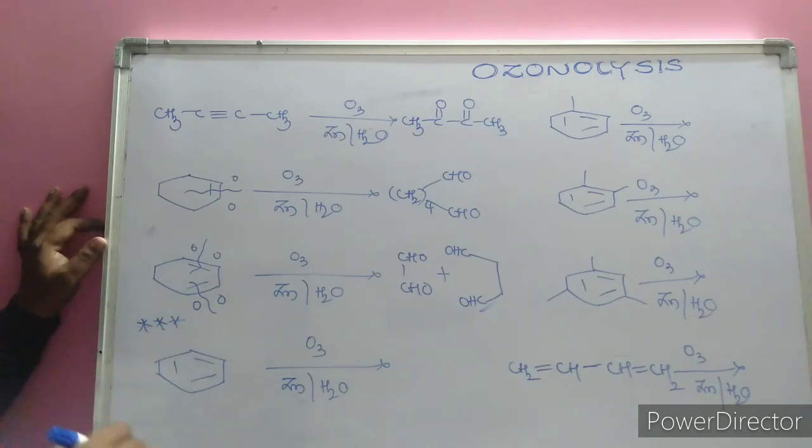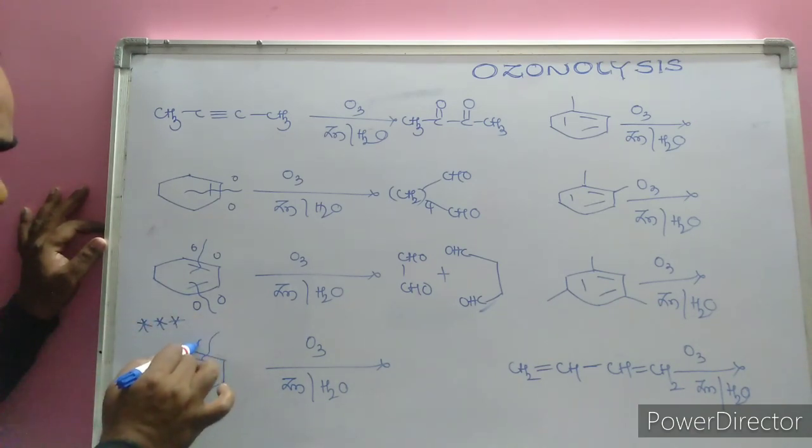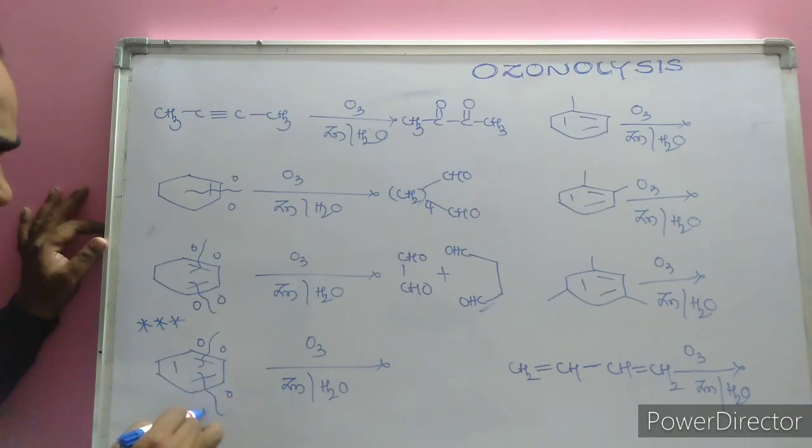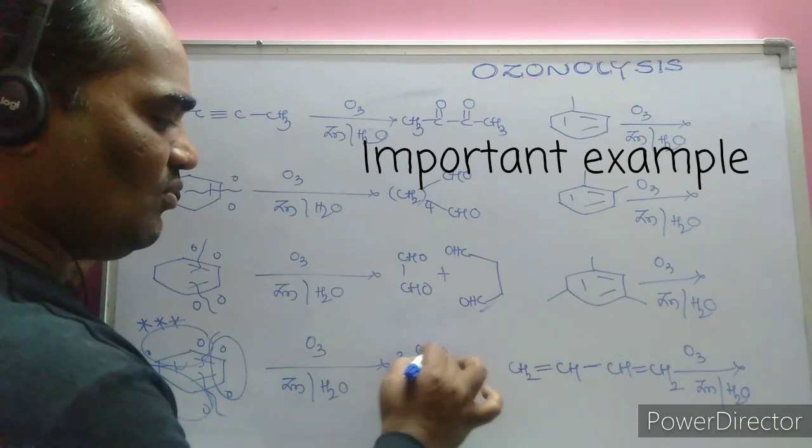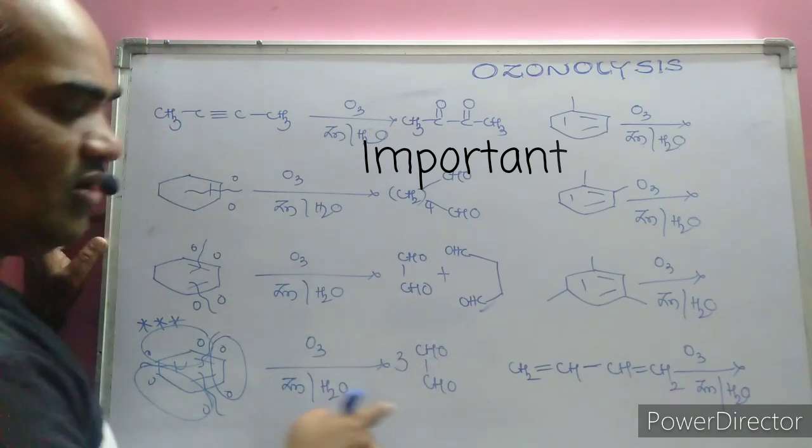Benzene is given, a very important one. The ozonolysis product of benzene: wherever the double bond is there, simply break and write the oxygens to the respective double bonded carbon atoms. All are the same. Here is the CHO, here the CHO, here is also CHO. That is 3 moles of glyoxal formed as product.